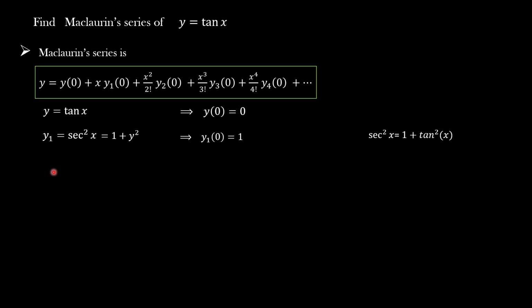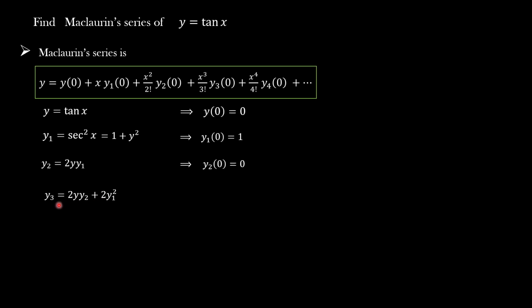Next is y2. Derivative of 1 is 0 and derivative of y square is 2 into y1, that is by chain rule. Therefore, y2 is 2 into y into y1, which implies y2 of 0 is equal to 2 into 0 into 1, which is equal to 0. y3 is 2 into, apply the product rule, that is y into derivative of y1 is y2 plus y1 into derivative of y is y1.